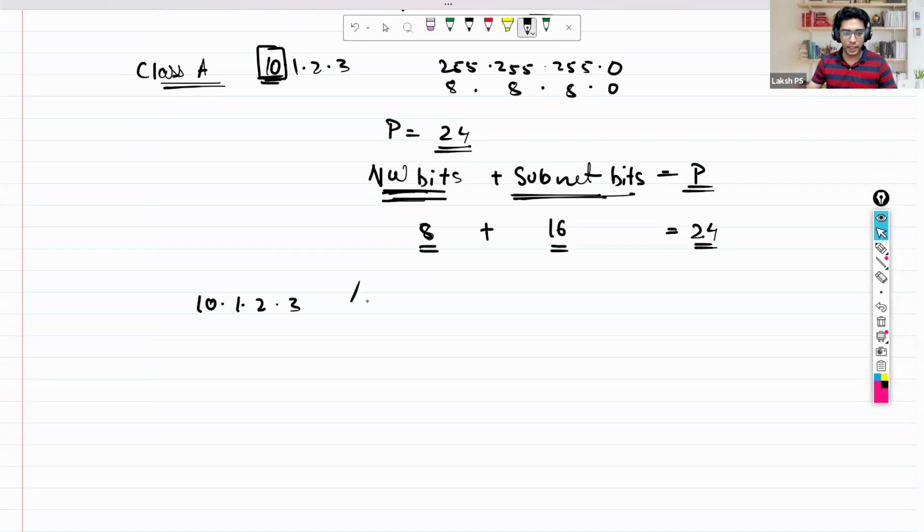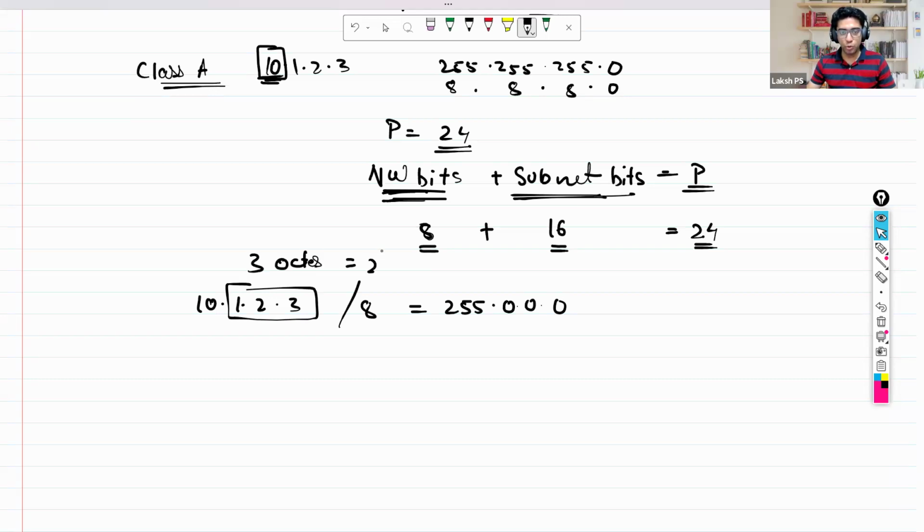Now, subnetting means you're giving a subset of a bigger network. How many host octets are there over here? You have 3 host octets. Basically, 2 power 24 hosts you can use, but there is no need for 2 power 24 hosts.